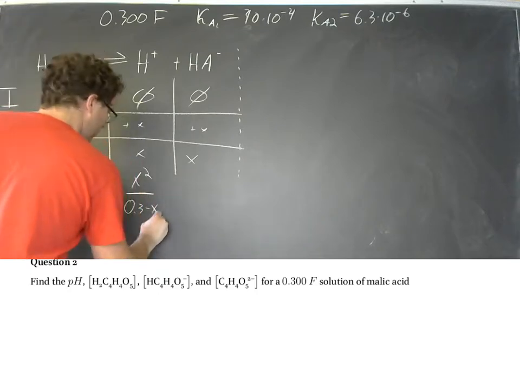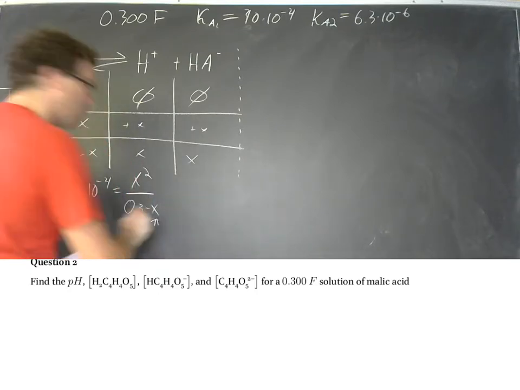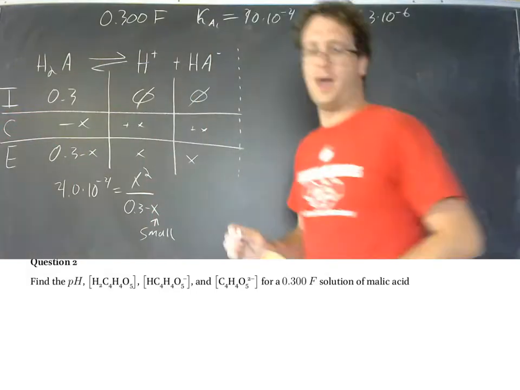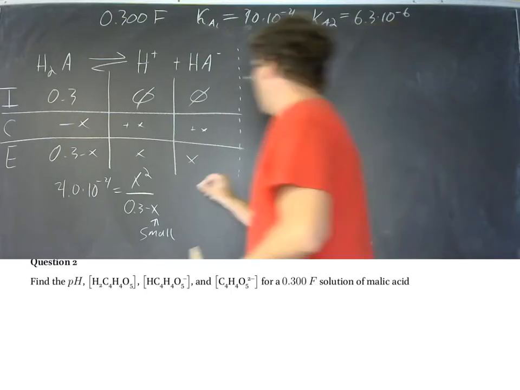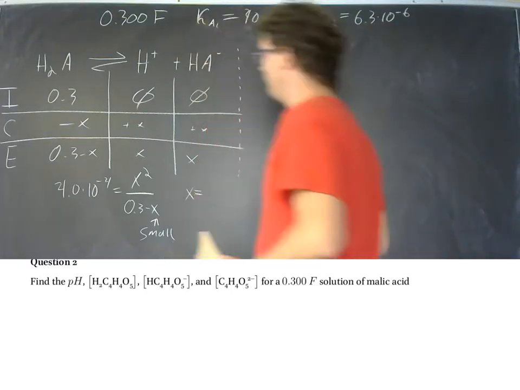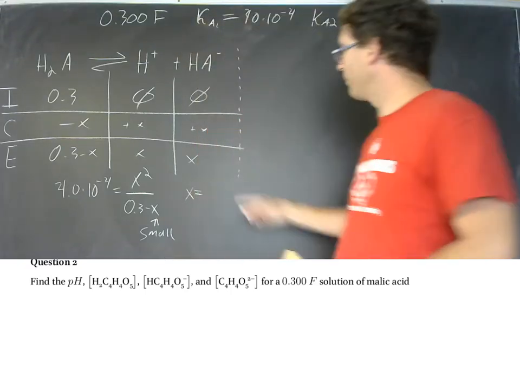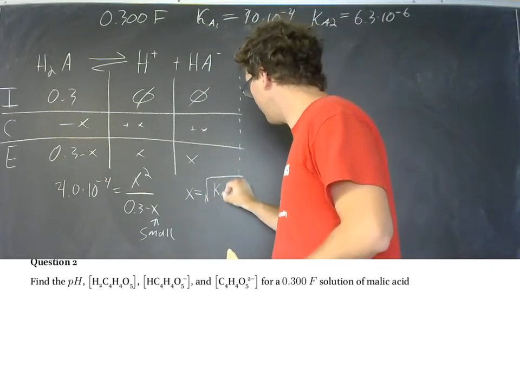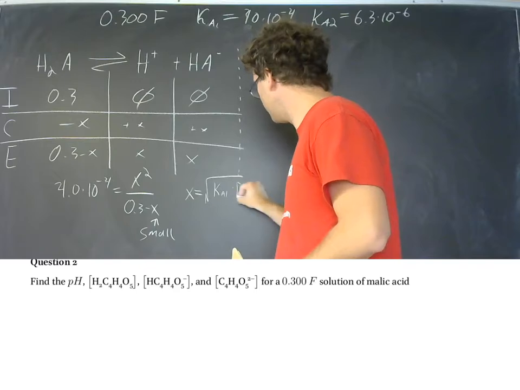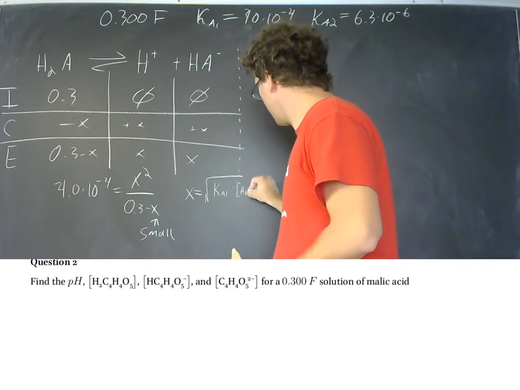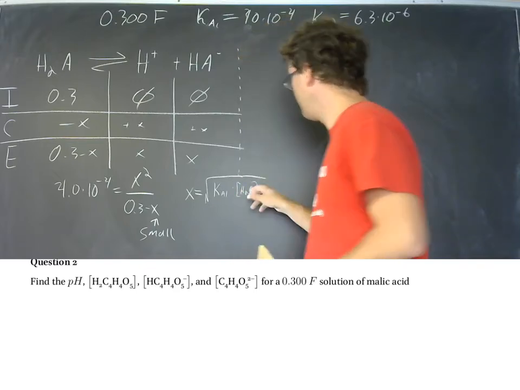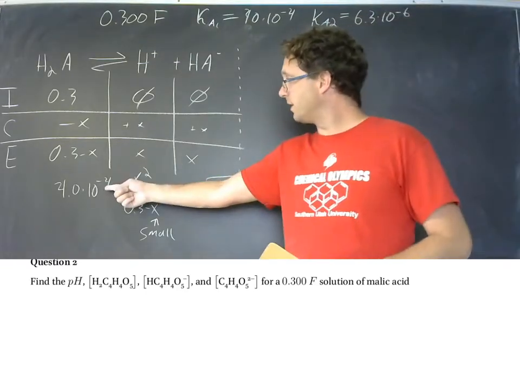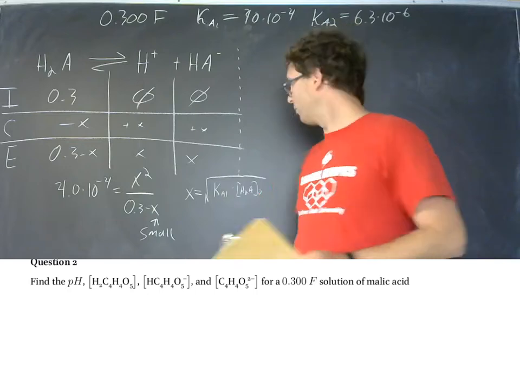We'll assume that this x is small, and that will allow us to solve for x without using the quadratic formula. X will be equal to the square root of Ka1 times our initial H2A concentration. So the square root of 4 times 10 to the negative fourth times 0.3.